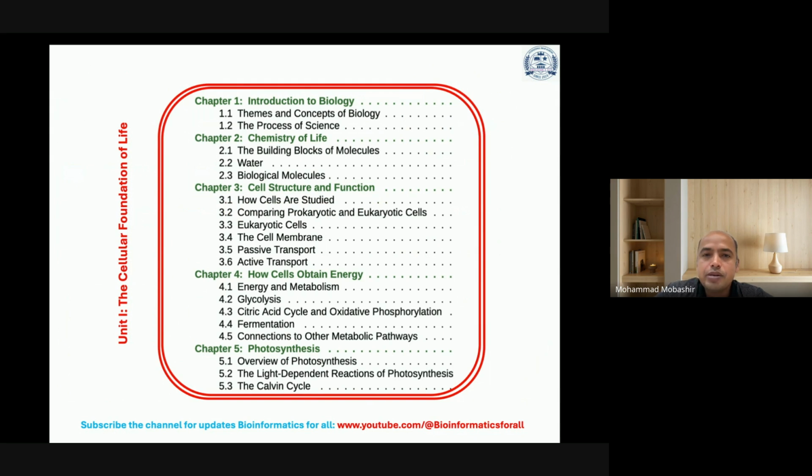Then it goes to chemistry of life, cell structures and cell function, how cells obtain energy, photosynthesis, and the details of photosynthesis. So what I have done basically in the first tutorial, I'm going to introduce the very basics about introductory biology, and that will be worth for class 9, 10, 11, 12.